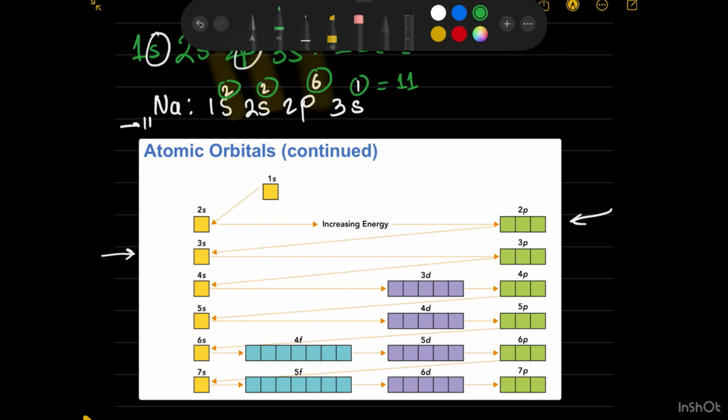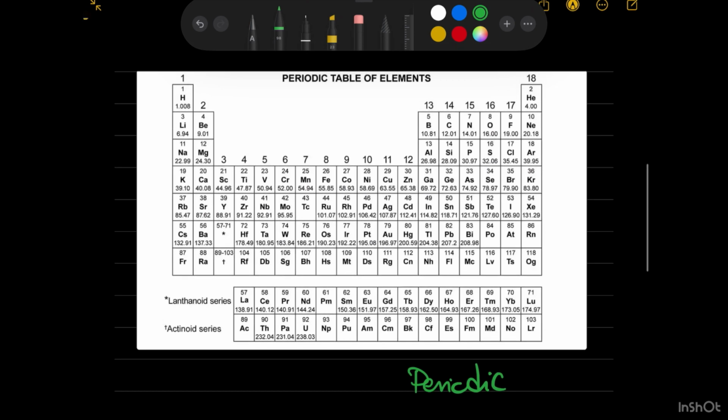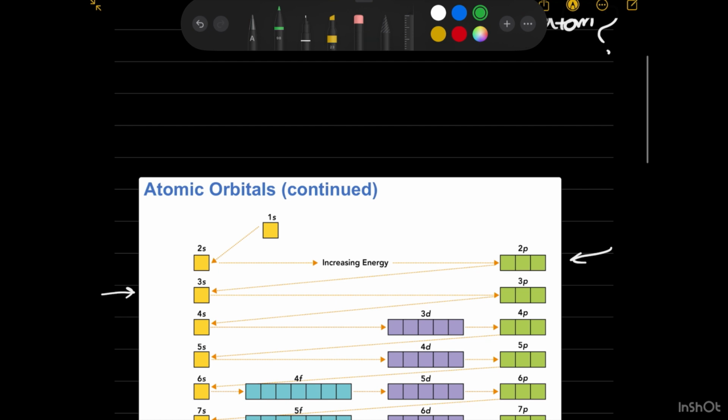Let's take an atom with more electrons. Let's take chlorine, for example. Cl has 17 electrons, as we can see. Let's follow the graph here. We have 1s2, 2s2, 2p6.